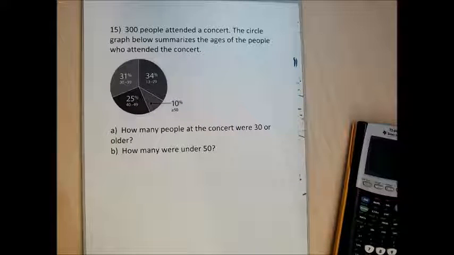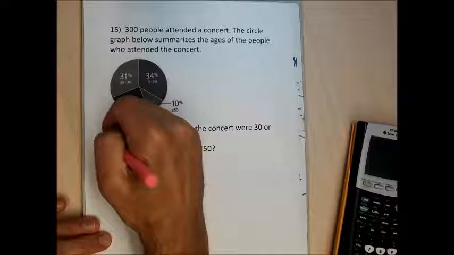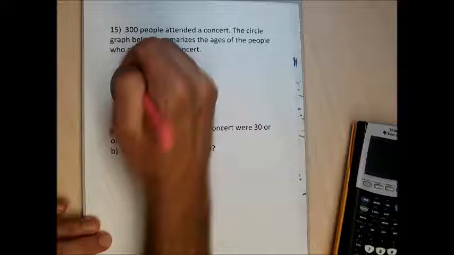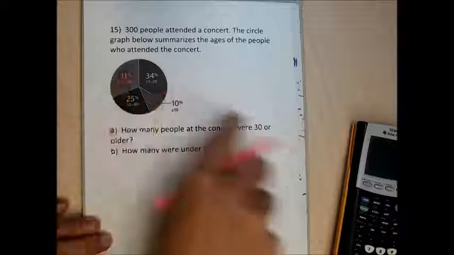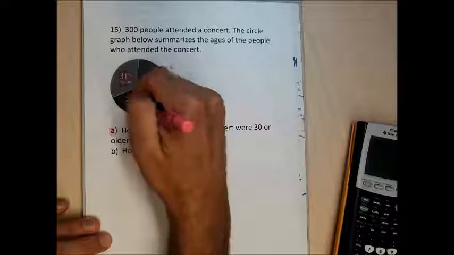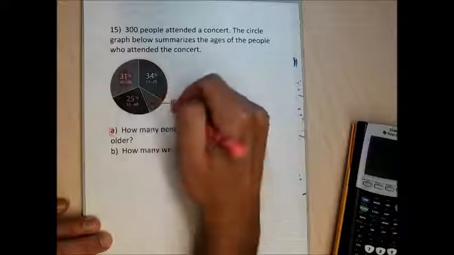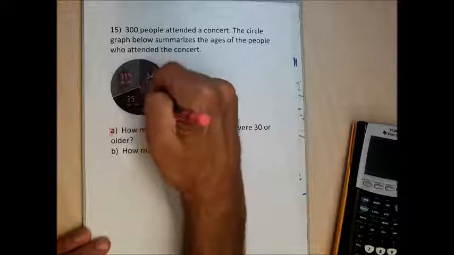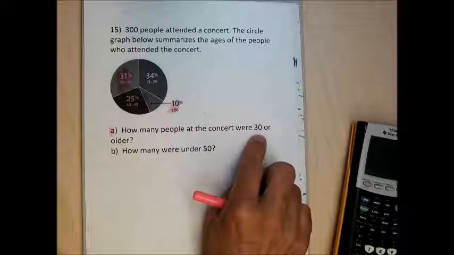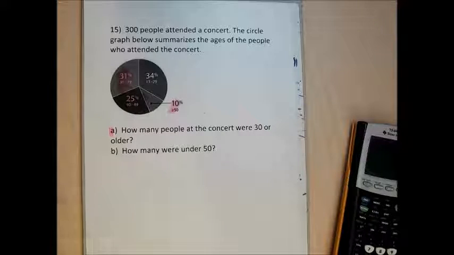So maybe I'll walk through this with you. For part A, I'm counting these people in the 30 to 39 break. Those 31% were 30 or over. These 25% and these 10%. All three of these categories fit the criteria that the people were 30 or older. I need to see how many people this represents.